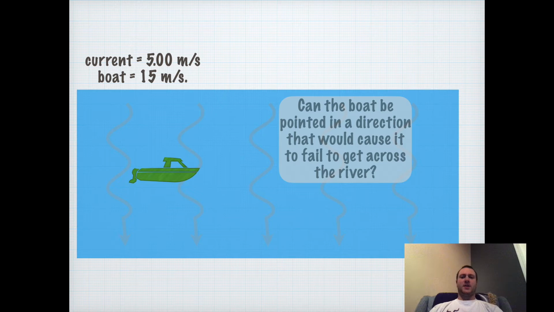If you're trying to get across the river, that means you're trying to go east. So if you don't point in any way, shape, or form east, you're not going to get across the river. You could be going northeast, east, southeast, or east-southeast. As long as east is tagged somewhere in the direction, you're going to get across. If there's no east, you're not going to get there.